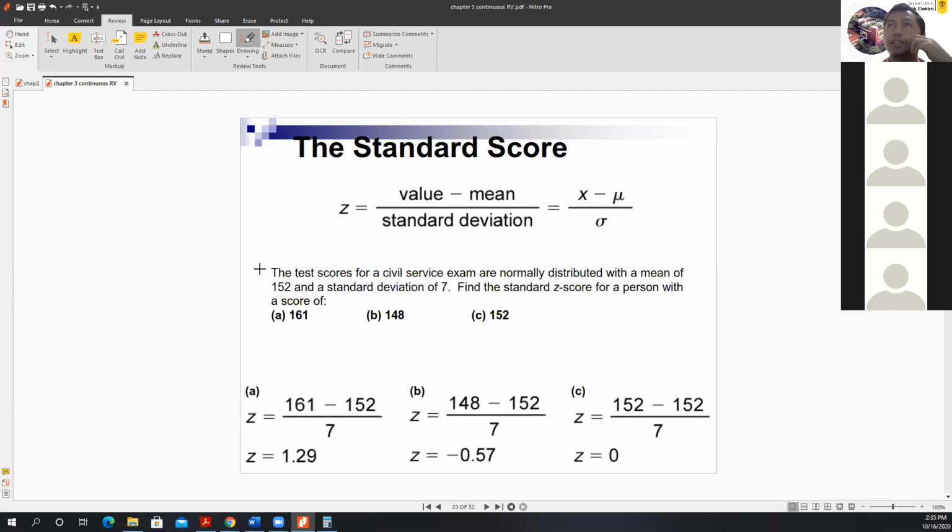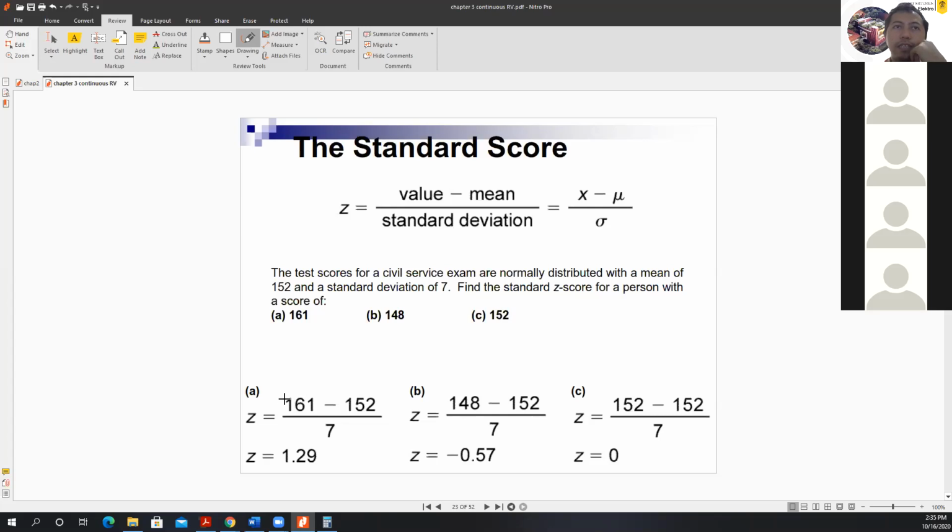Okay, this is another example. The test scores for a civil service exam are normally distributed with mean 152 and standard deviation 7. Find the Z score for a person with score 161, 148, 152.